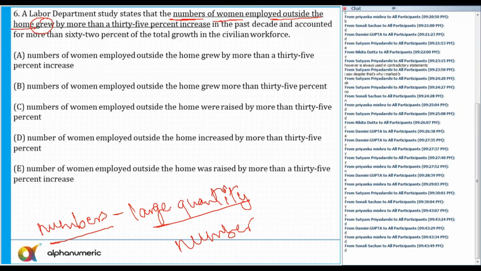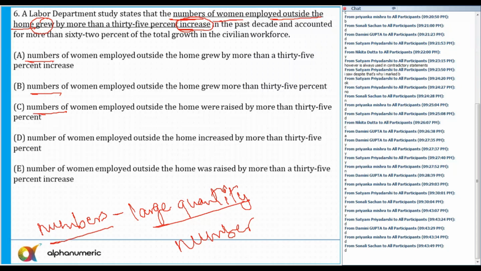Now, when I'm already using grew, why do I need to use the word increase? It is redundant. Either I use increase or I use grew. We cannot use both because both mean the same. So we'll have to make a choice. All those options that have numbers of will automatically go. We'll have to use the word number.